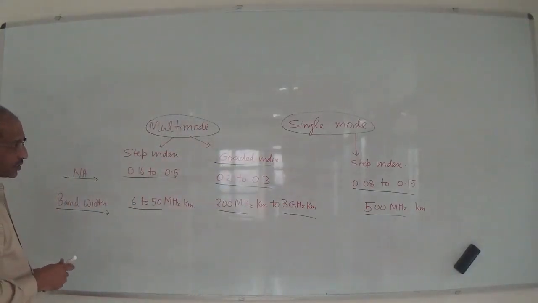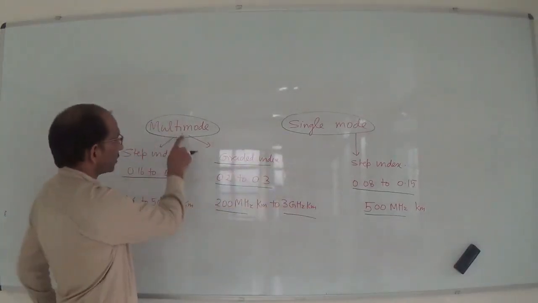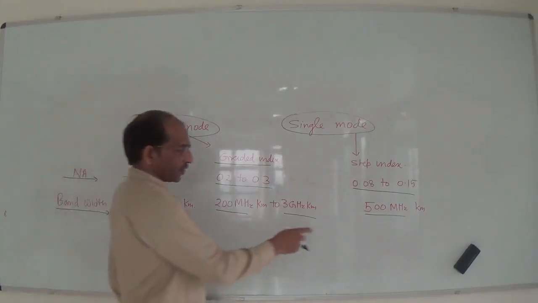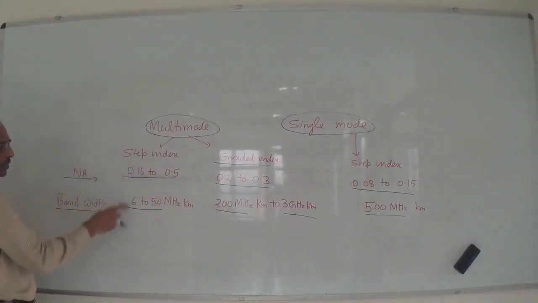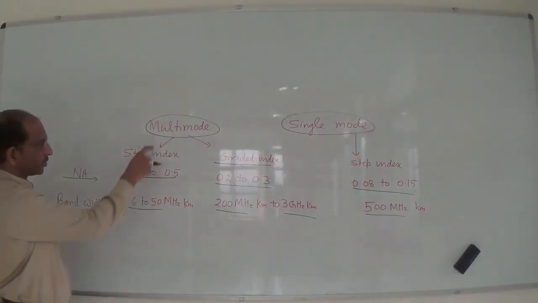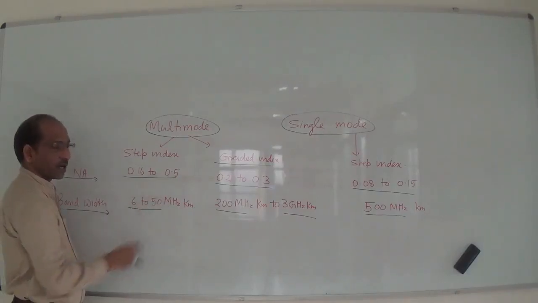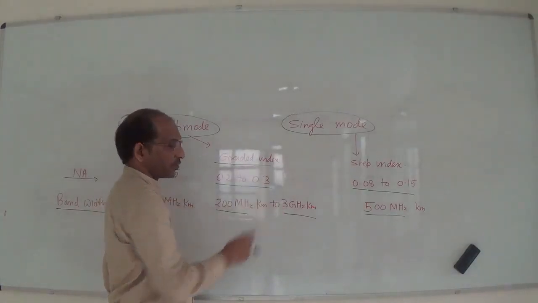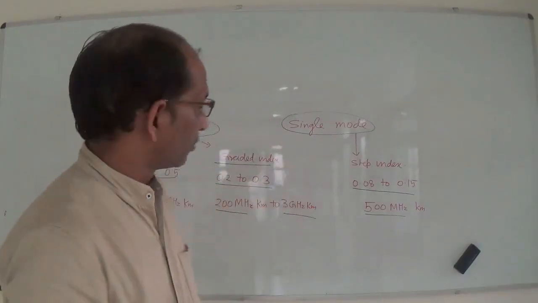So you can see that single mode step index optical fiber and multi-mode graded index optical fiber have large bandwidth as compared to the multi-mode step index optical fiber. In this particular case, the bandwidth is 6 megahertz kilometer to 50 megahertz kilometer. And in case of multi-mode graded index optical fiber, you can see that it is 3 gigahertz kilometer.